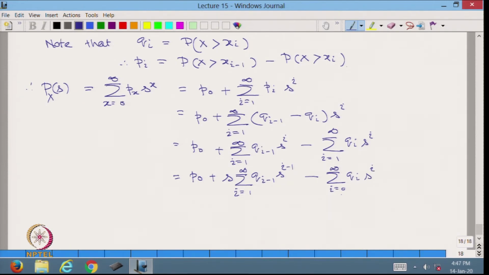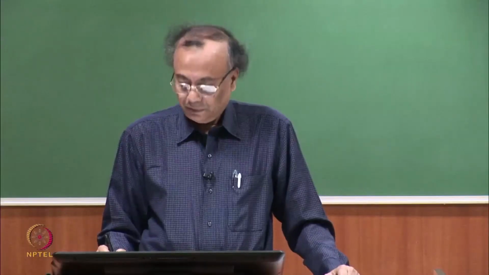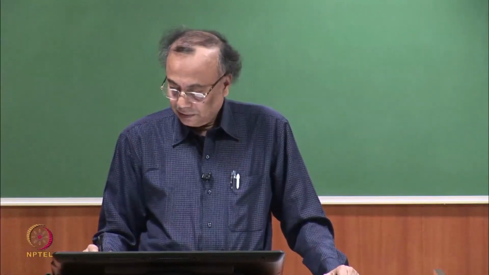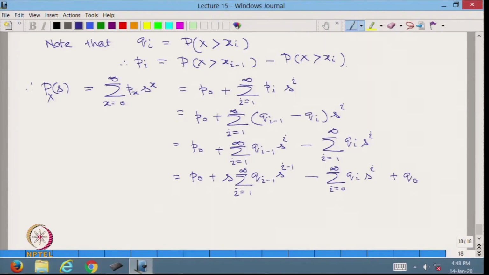Since we have added the term q0 s to the power 0, which is q0 with a minus sign, to compensate we add q0. That gives P0 plus q0 plus s times the sum from i equal to 1 to infinity of q_{i-1} s to the power i minus 1.